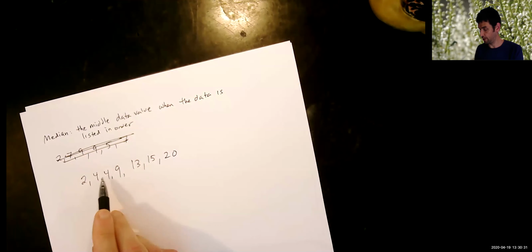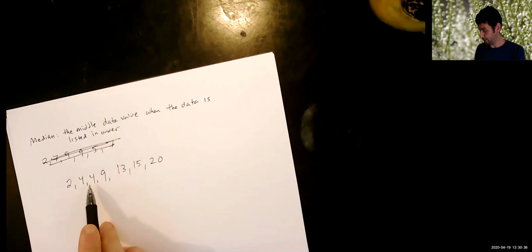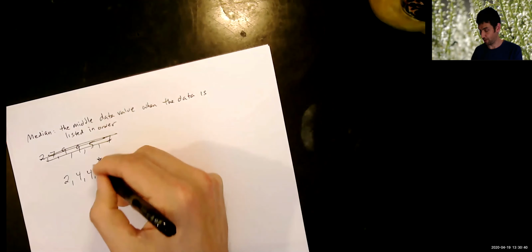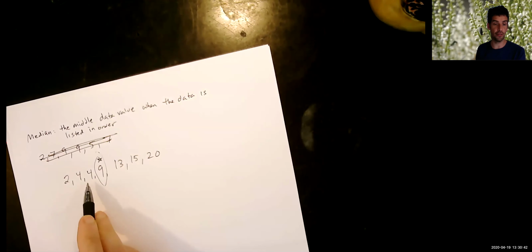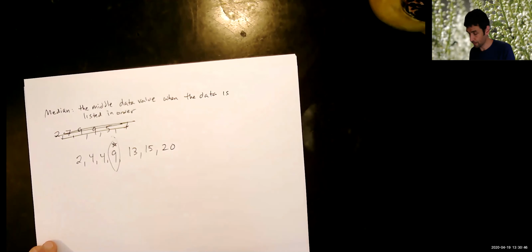Okay, so here are 7 pieces of data. The middle number is just this number 9, right? There's 3 numbers above and 3 numbers below. So that's the middle, okay?